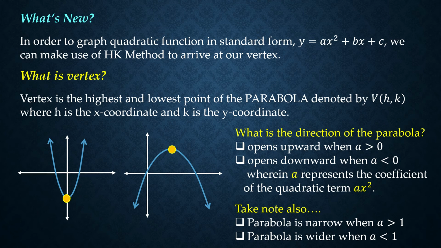Meaning, if a is 2, 3, 4, 5, it gets narrower. In the first graph, the parabola is narrow when a is greater than 1. The second graph is wider. The parabola becomes wider only when a is less than 1, so numbers less than 1, like fractions 1/2, 1/4, 3/4, or possibly negative numbers.